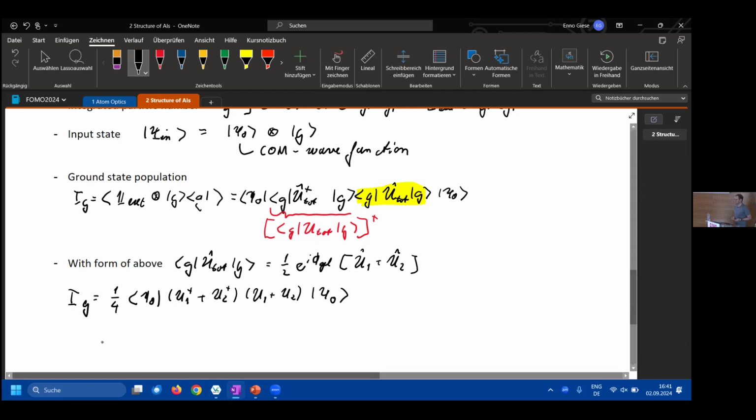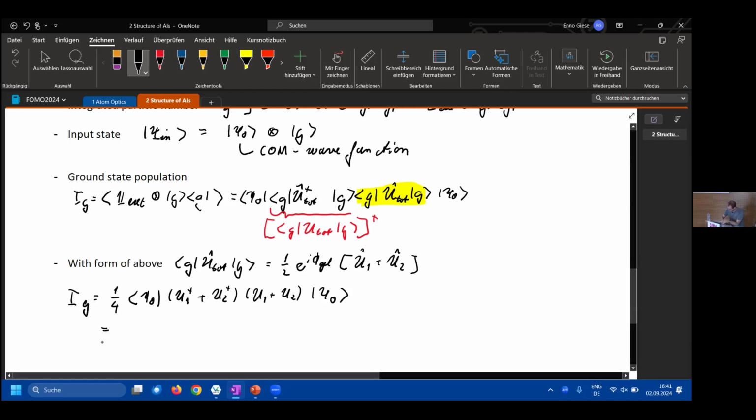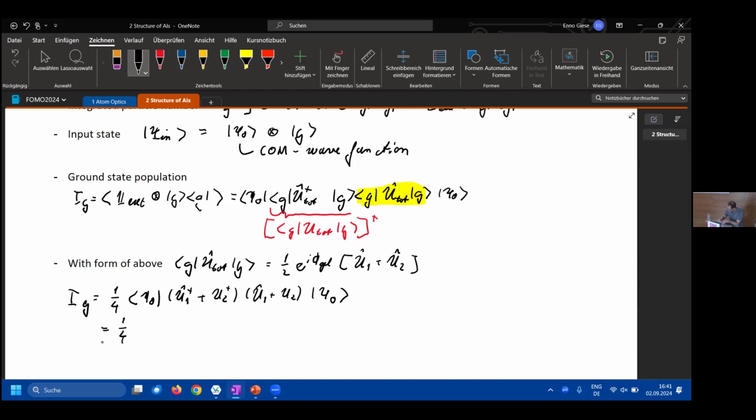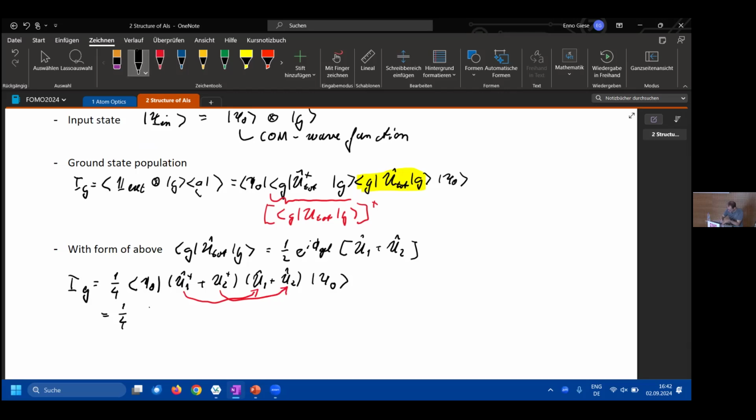And now that's very easy to calculate because those operators are unitary. We can write this as 1/4, and U1 dagger times U1 gives rise to 1. Taking the expectation value is just 1. The same is true for U2 dagger times U2. These two both just give rise to an overall factor of 2.